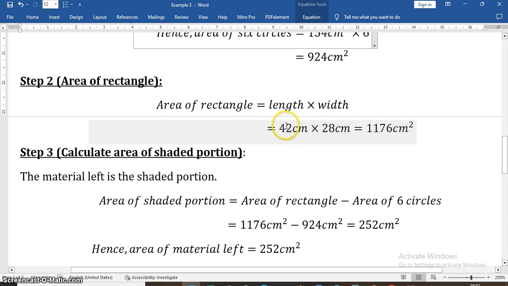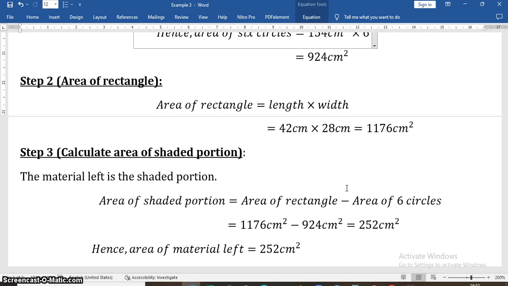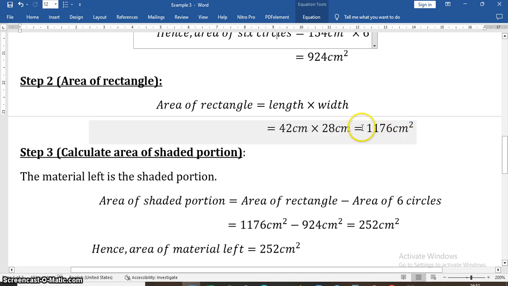You do 42 centimeter times 28 centimeter. That gives you 1,176 centimeter squared. Please, on your rough, do this calculation. Each time you're doing the calculation, pause the video, do your working, then continue watching. Very important. Again, area of rectangle is length times width, which equals 42 centimeter times 28 centimeter. That gives you 1,176 centimeters squared.